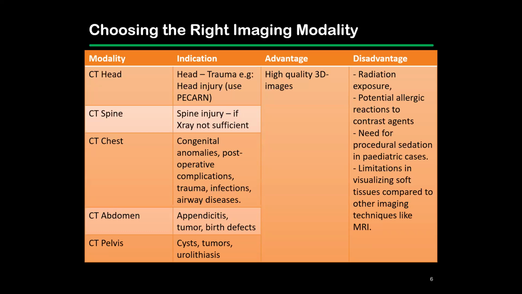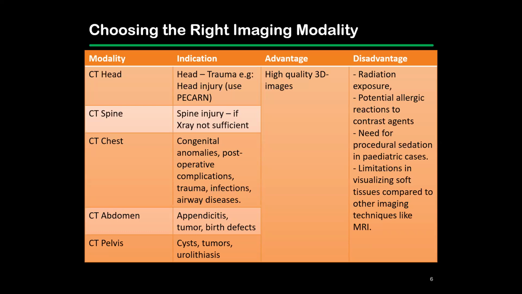However, there is a rule that I'll ask you all to go read about, the PECARN rule. That is a clinical decision rule that will help you decide which patient would need imaging. We have different reasons why we would want to order a spine CT, again in patients who are having trauma, and also when the X-rays are not sufficient to give us a clue about the C-spine.